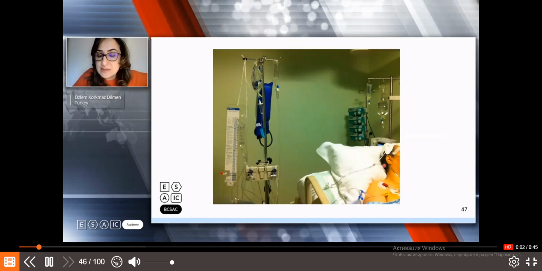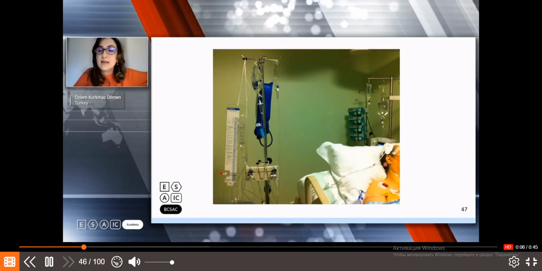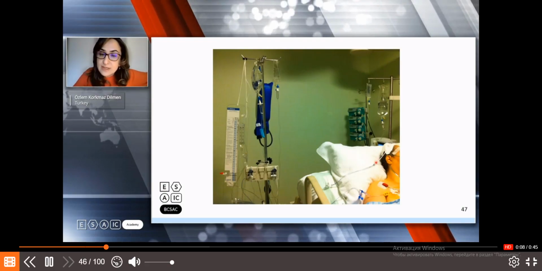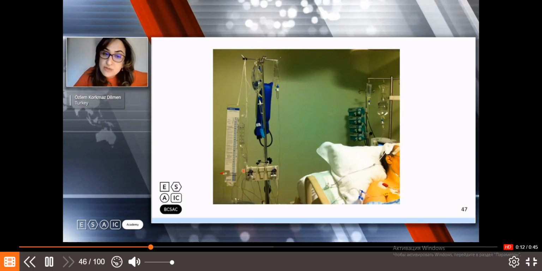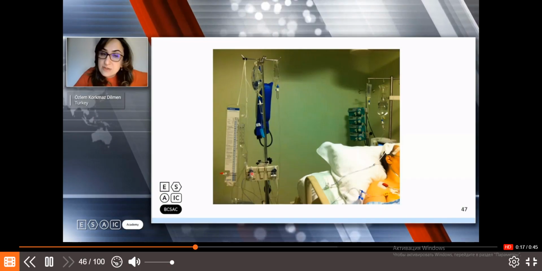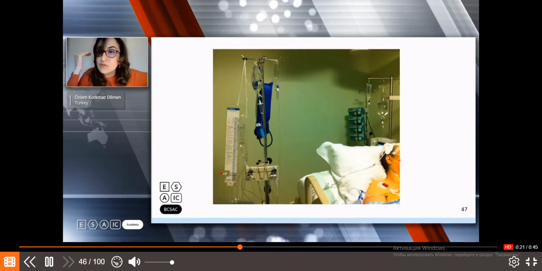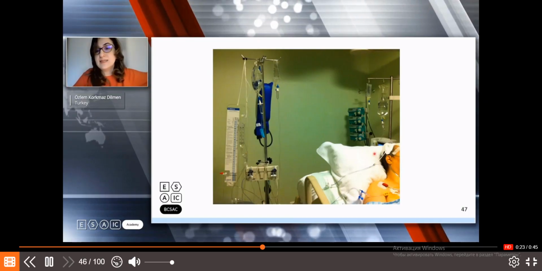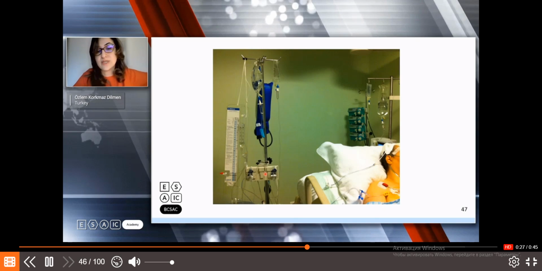That patient was admitted to our intensive care unit following head trauma. As you see here, there is a ventricular catheter and there are two transducers here. Please note that the transducers are located at the level of the tragus, at the level of the middle cerebral artery, to measure cerebral perfusion pressure.